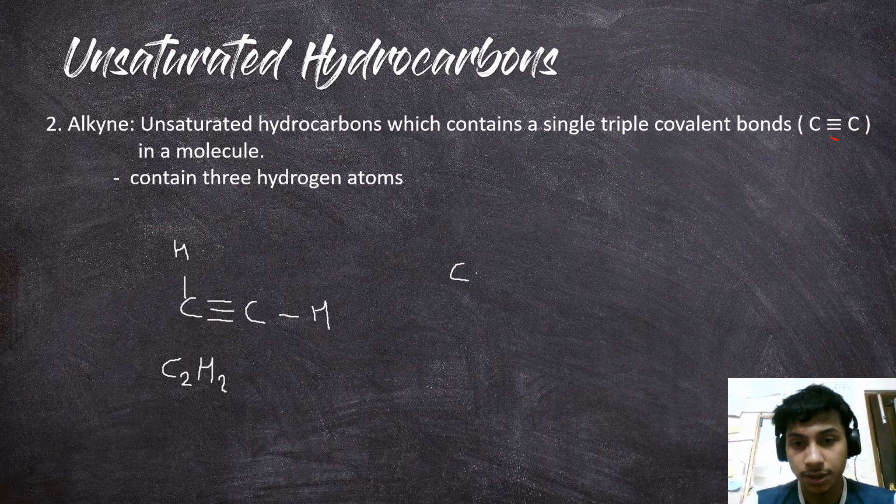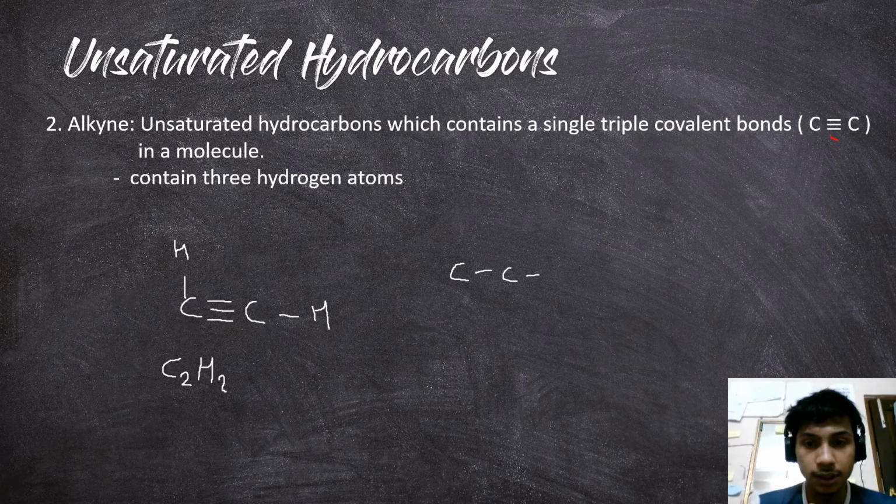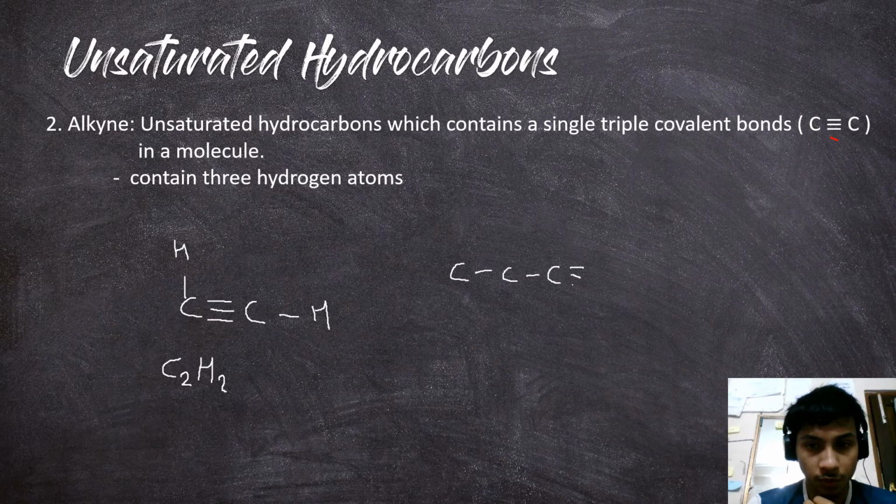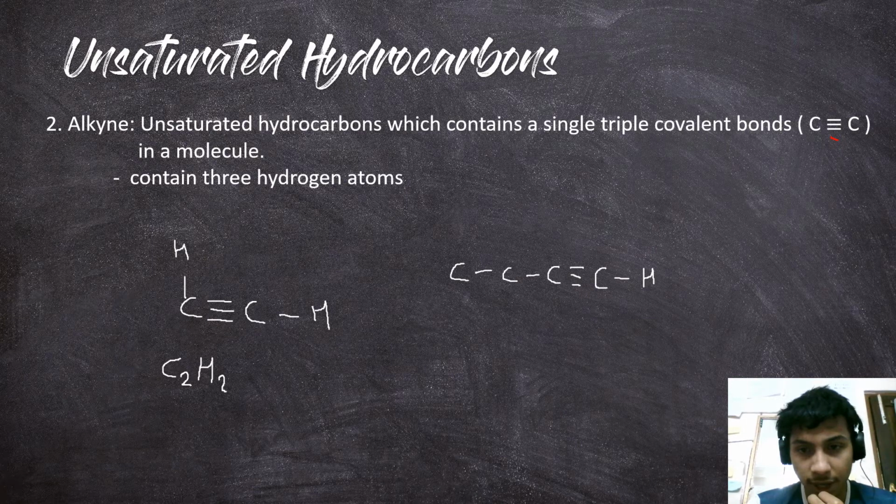Let's just write C and C. So C, and then after one, two, three, and C. Here you have to add one, so it's already stable. You do not need to put another hydrogen here.